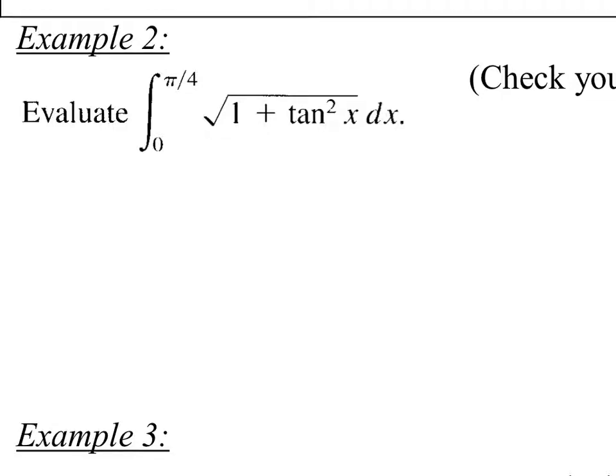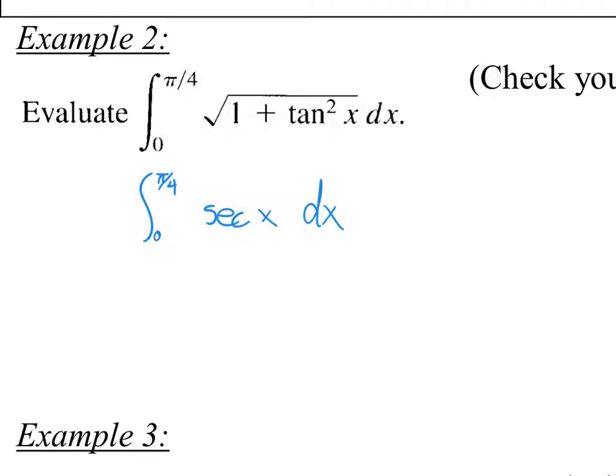What's 1 plus tangent squared, square rooted? Okay, 1 plus tangent squared is secant squared. So I'm doing the integral from 0 to pi over 4 of the square root of secant squared, right? And of course the square root of secant squared is secant. So those cancel each other out.